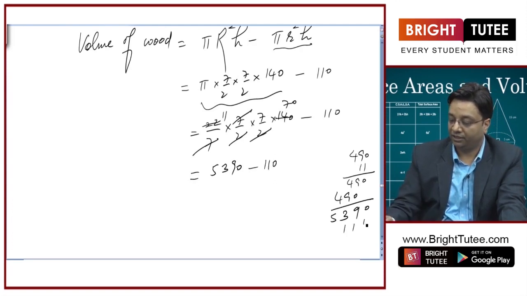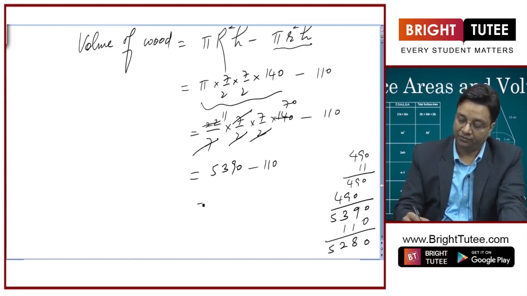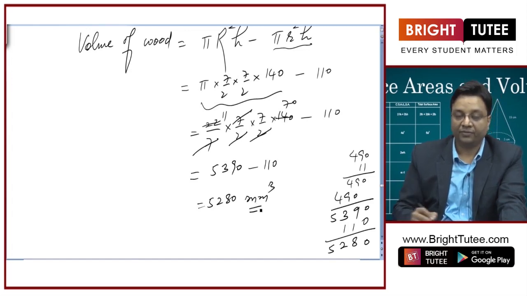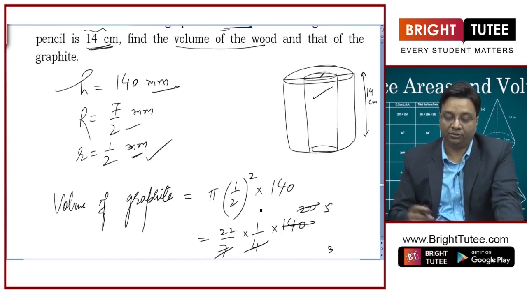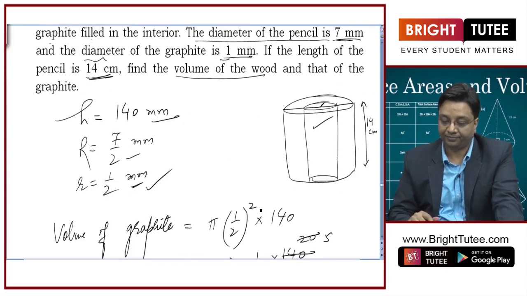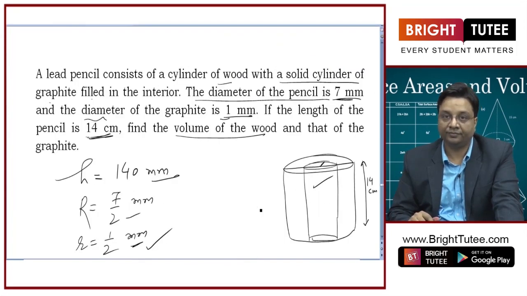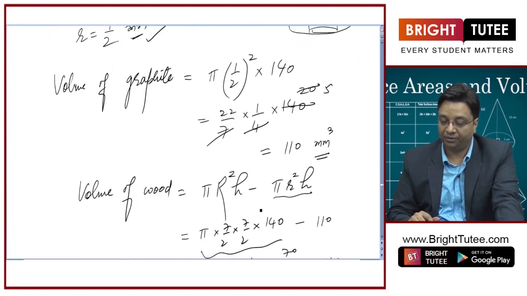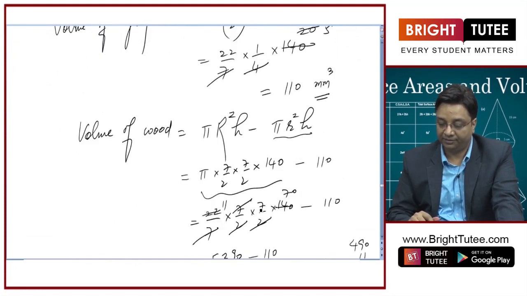So you subtract 110 from it. So 5280 millimeter cube is the volume of wood used in this pencil. Okay, so this is how we will proceed with this question here.